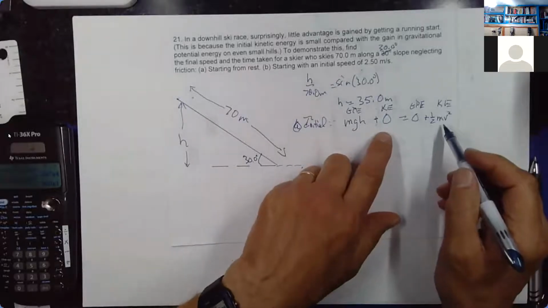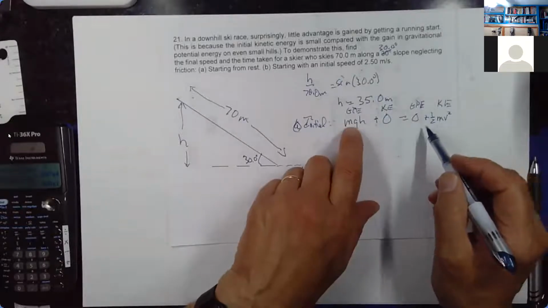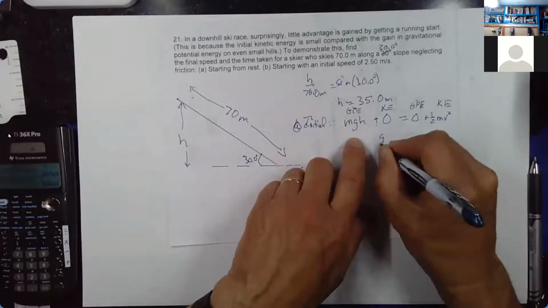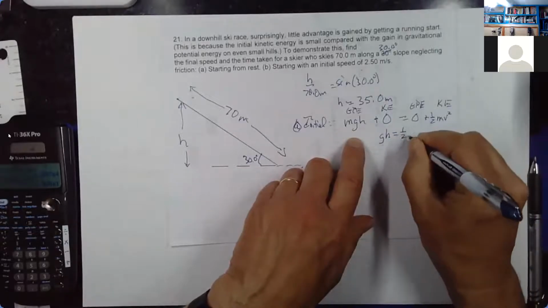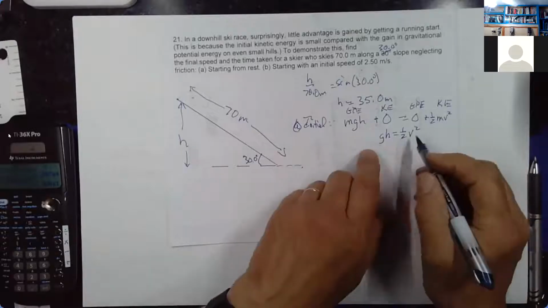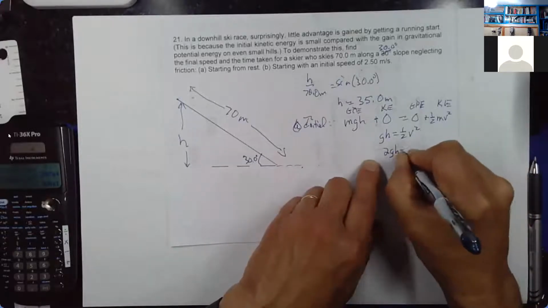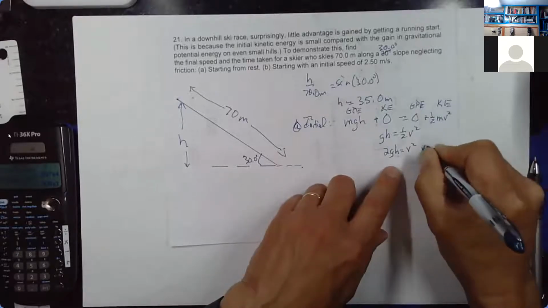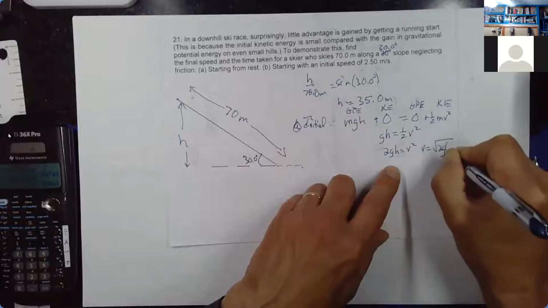All right, well, set these two things equal to each other. The first thing I would do is divide out the mass, because both expressions have one, so I'd end up with gh is equal to 1/2 v squared. Multiply both sides by 2, and I get 2gh equals v squared, or v is equal to the square root of 2gh.